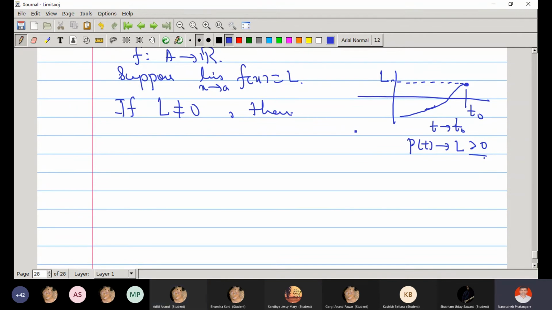Yes, sir. Okay, now see the figure and just imagine the real life situation. Some particle, as time tends to t naught, its position tends to L. Or some butterfly is flying like this, and as time goes to some particular value t naught, its position tends to some position L, and that position is positive, above the x-axis. Can you say that before reaching t naught, for some time it is in the positive region?